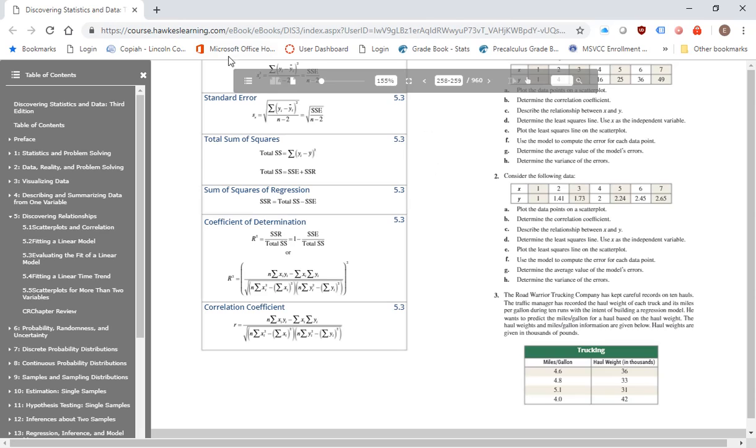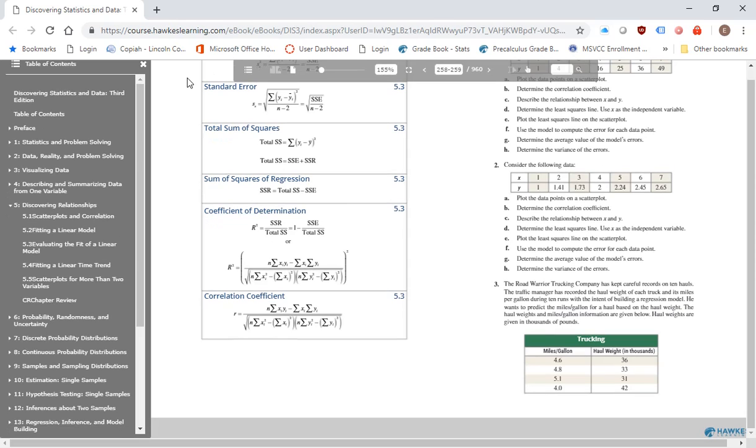I can't pull this down, but that top equation there is the mean square error, and then we have the standard error, the total sum of squares, the sum of squares regression, and the coefficient of determination, which now you can see they're right on top of each other, side by side. You can see the coefficient of determination, and you can see the correlation coefficient. Okay.